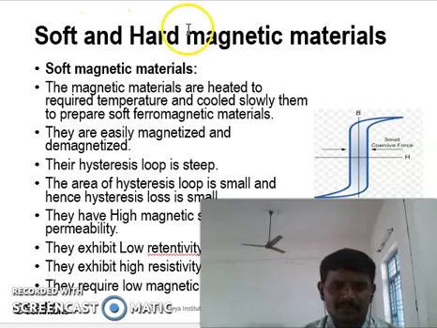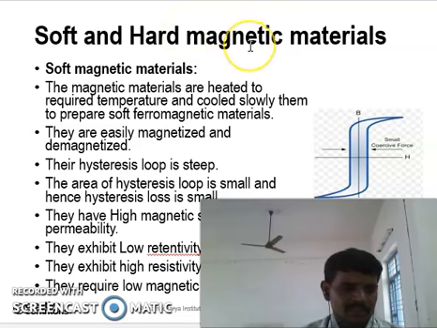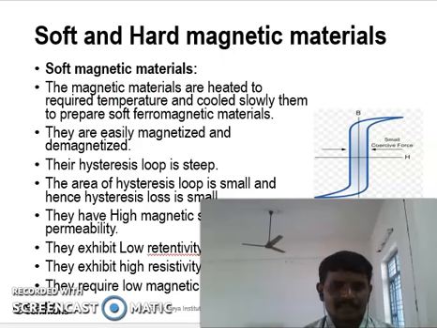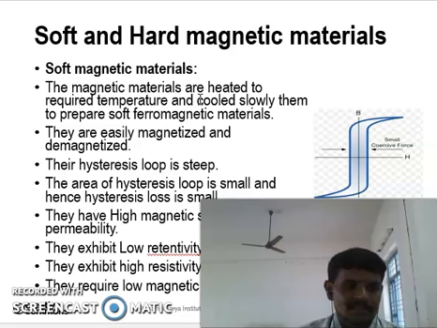Based on the formation of the B.H. loop or B.H. curve, the magnetic materials are classified into two types: hard magnetic materials and soft magnetic materials. In soft magnetic materials the hysteresis loss is very small.